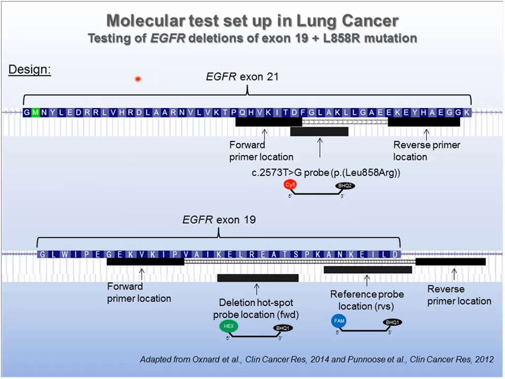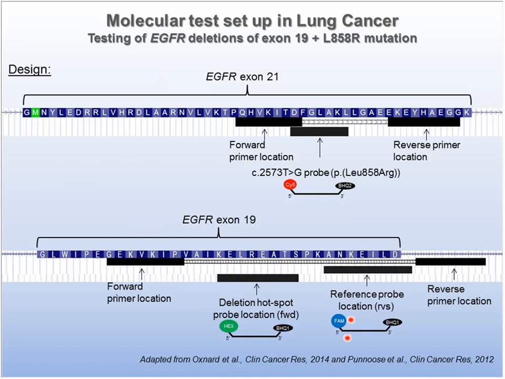And this design is dedicated to the detection of the activating mutation of EGFR, so the L858R mutation, thanks to a hydrolysis probe labeled in red, and also for the detection of the exon 19 deletion of EGFR. For this deletion, in fact, we use the combination of 2 hydrolysis probes.